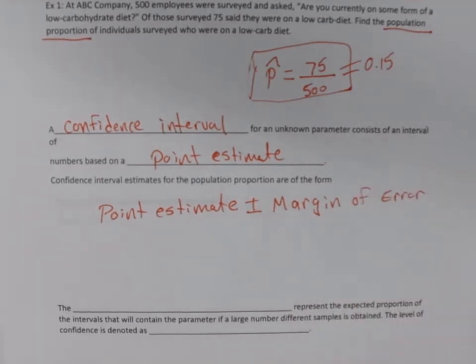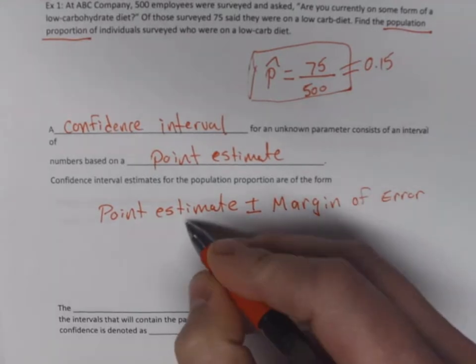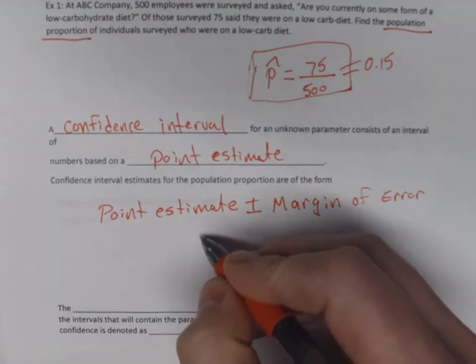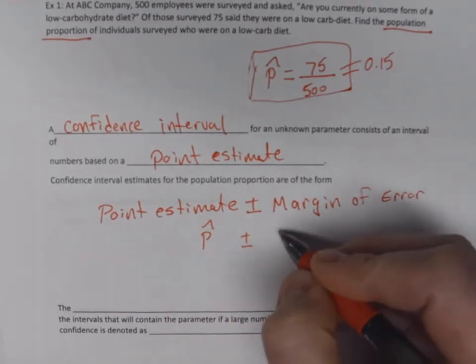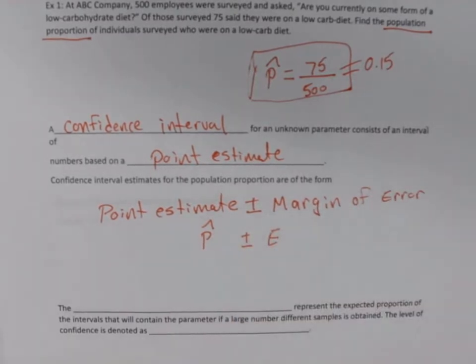All right, and to put those in simpler notation, point estimate we already know is p hat plus or minus the margin of error we label as E. So p hat plus or minus E.